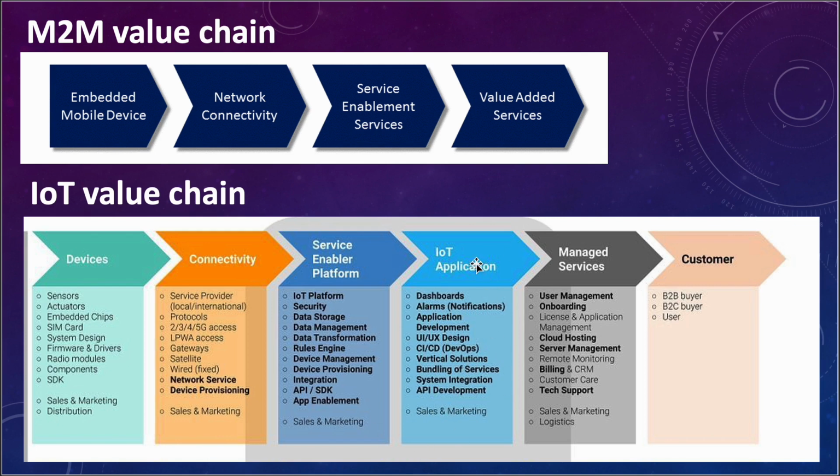So as you can see from all these topics, as you are IT students, I think these two components, service enablement platforms and IoT application, are basically what we are talking about: front-end service providers and back-end service providers.